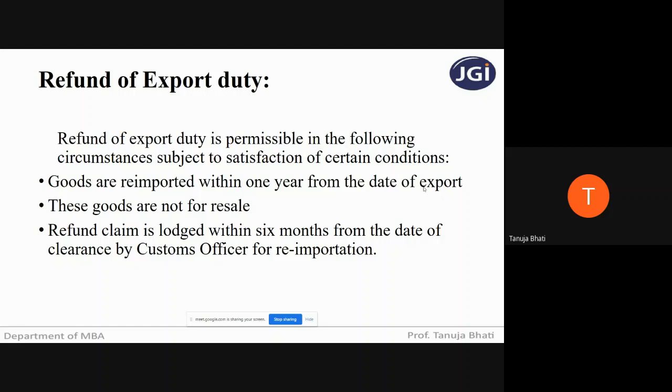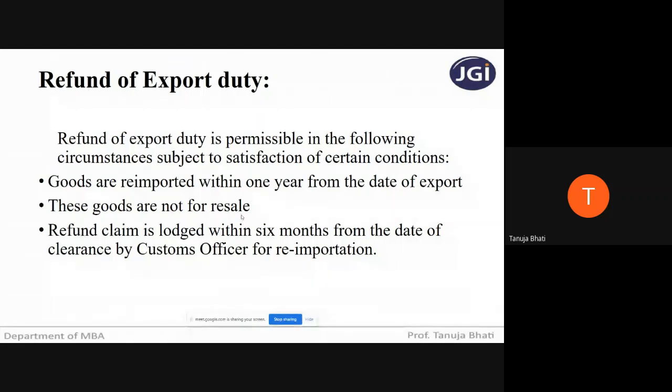At the time of export, you have paid export duty. But if you bring back the same goods into India within 1 year, then whatever duty you have paid, you can get a refund of it. In this case, the goods are not for resale.